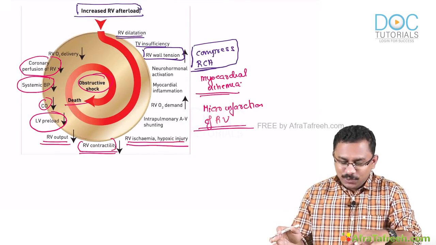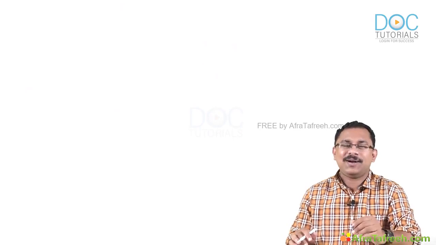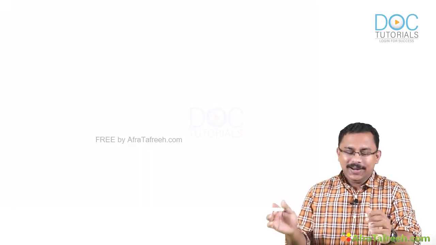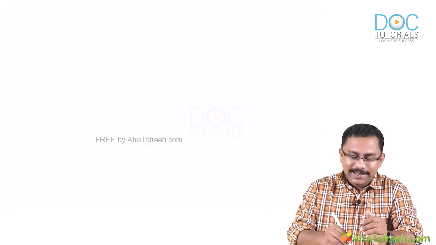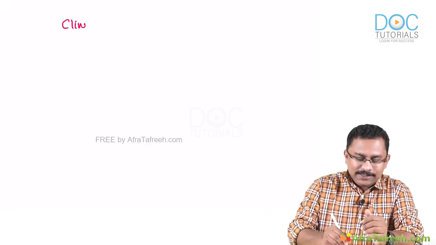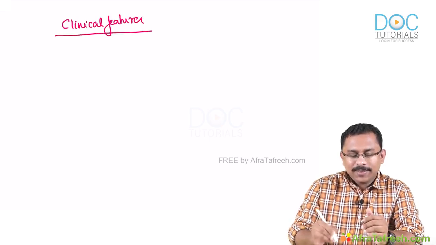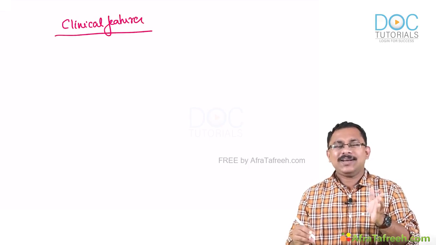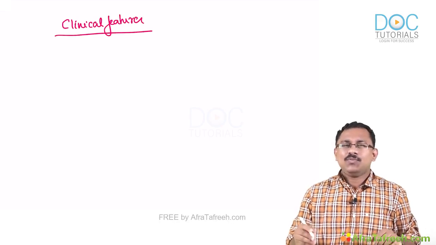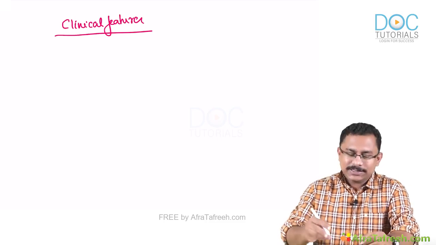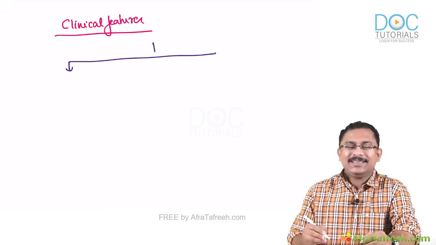So you understood the what of a pulmonary embolism and the why of the pulmonary embolism. Having understood that, let us move to the clinical features of pulmonary embolism. First of all, let me tell you one thing: each and every patient with a pulmonary embolism or a suspected pulmonary embolism won't be having exactly the same features. You can divide your pulmonary embolism into three types.